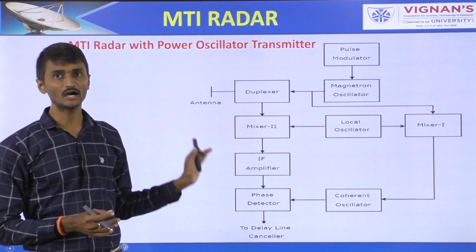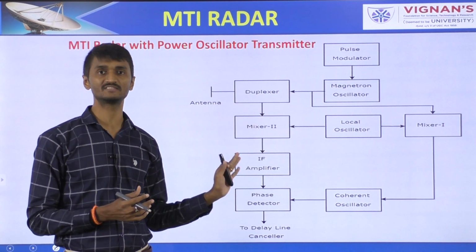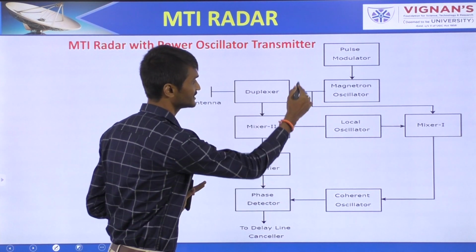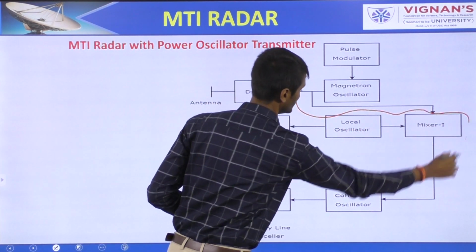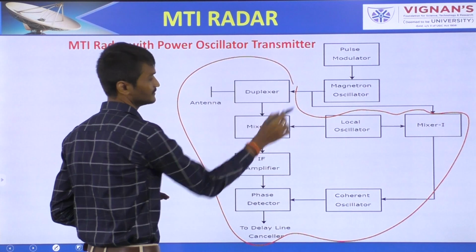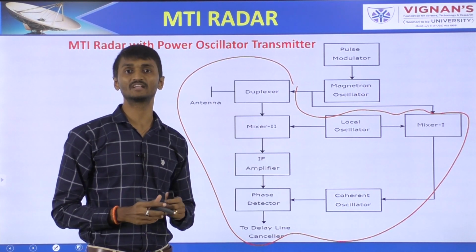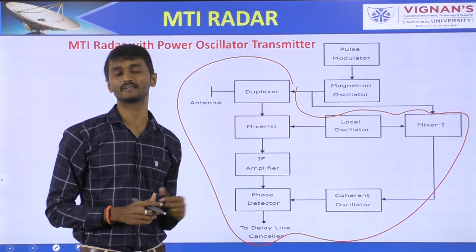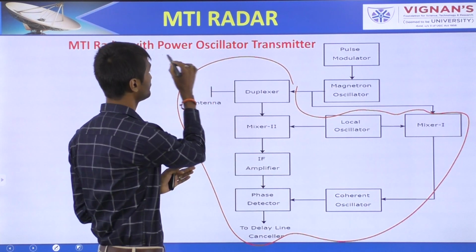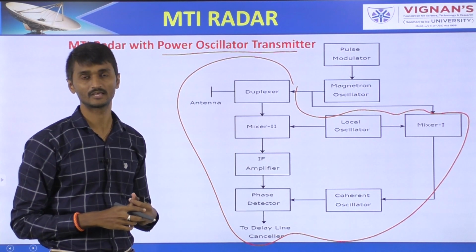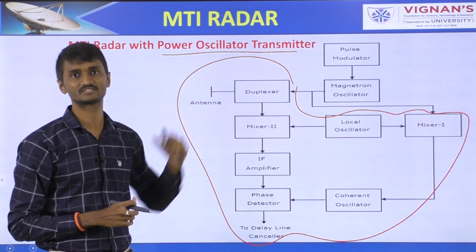The blocks corresponding to the receiver section are the same in both block diagrams. See here, these are the same. Whereas the blocks corresponding to the transmitter section may differ, that is, with power amplifier transmitter and with power oscillator transmitter. There is only a change in the transmitter section.